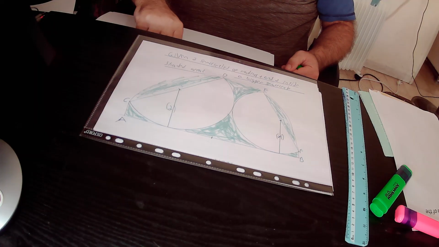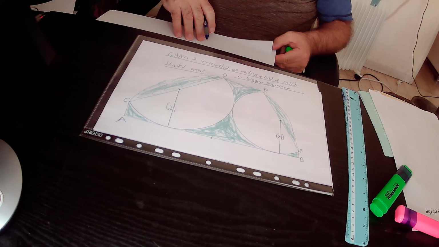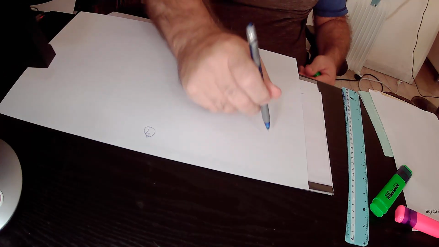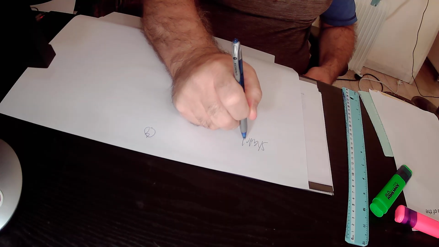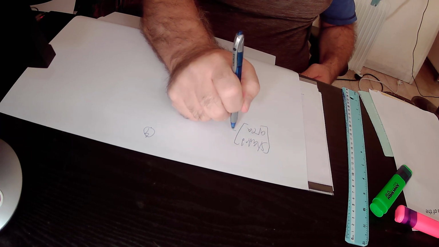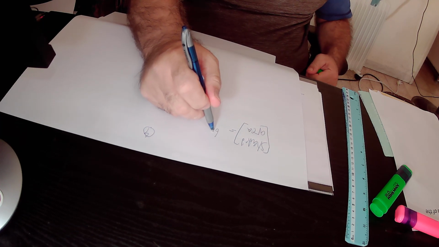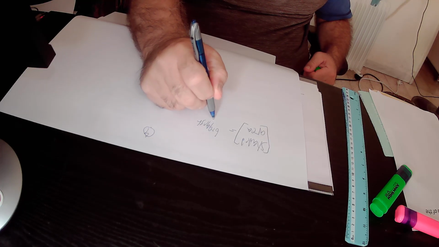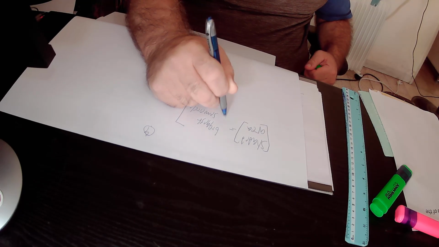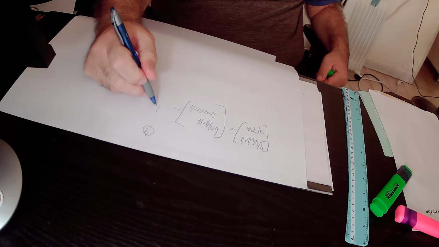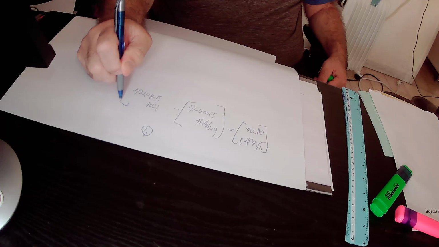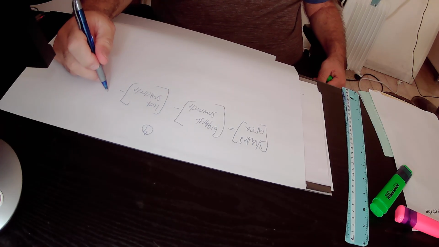So writing down, the size of this shaded area in total must equal the area of the biggest semicircle minus the area of the left semicircle minus the area of the right semicircle.